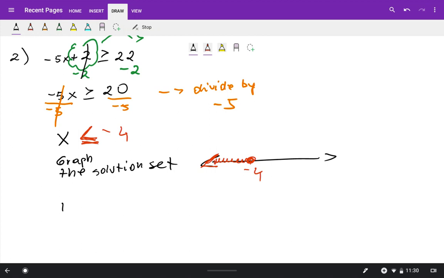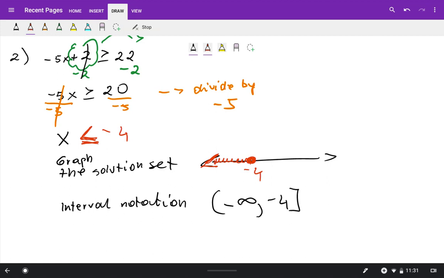And the interval notation is from negative infinity to negative 4, bracket, because we're including negative 4. I know it's a long lecture.